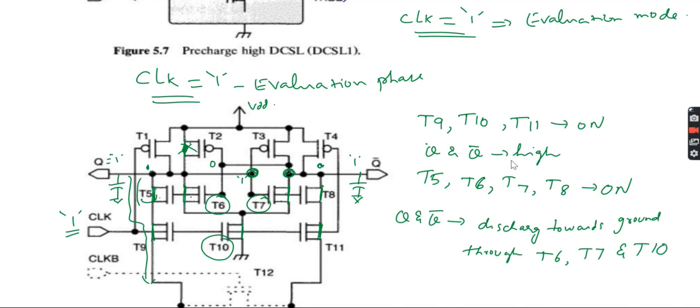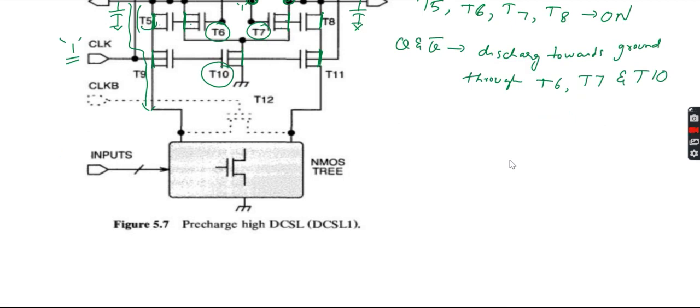Next, the discharge of the Q and the Q bar is not symmetrical. Why? Because the discharge of the Q bar will not be only through this one. You can see the other place, T9 and T11, it will enter into the evaluation circuit here. So it is not symmetric actually. See here, you can see T9.